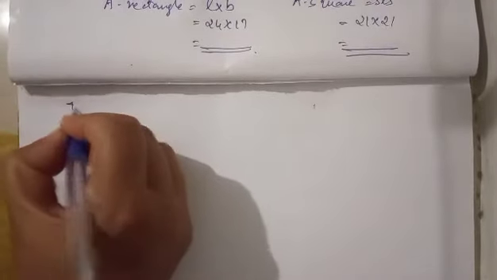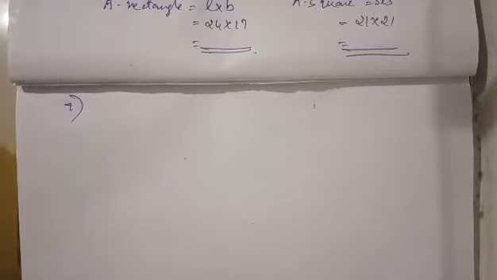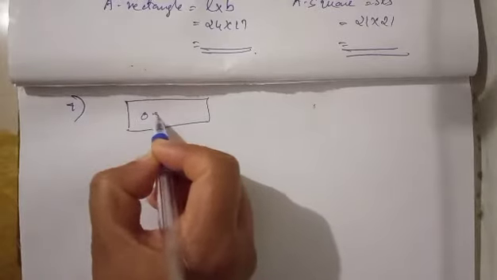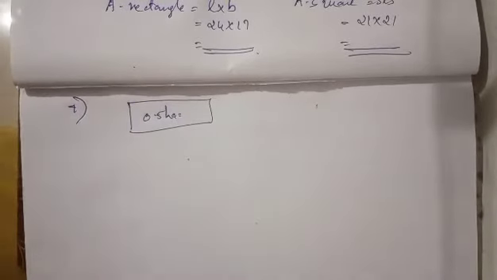Okay. Then seventh question. The area of a rectangular field is 0.5 hectare. If one side is 12.5 meter, find the other side in meters. The area of the rectangular field is 0.5 hectare. 1 hectare is how much?